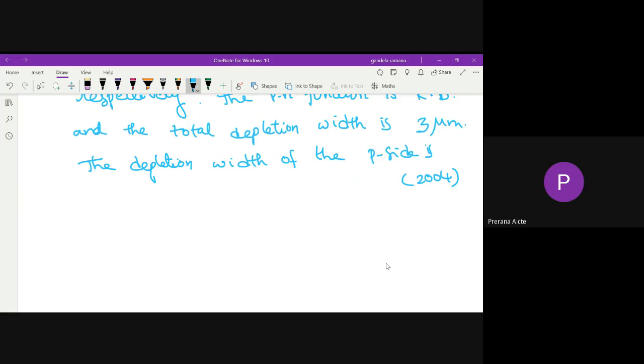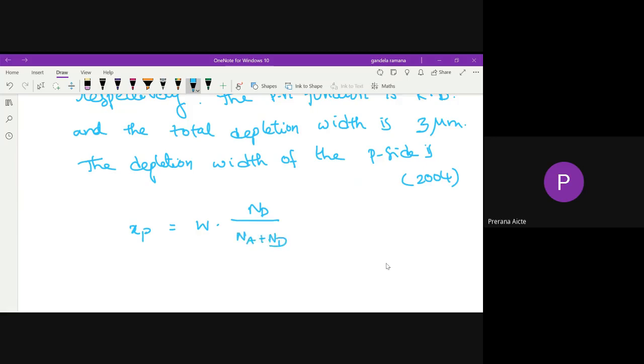The previous case asked for a ratio. In this one, Na, Nd and total width are given, but it asks for the P side depletion region. The width of the P side is equal to total width into Nd by Na plus Nd.